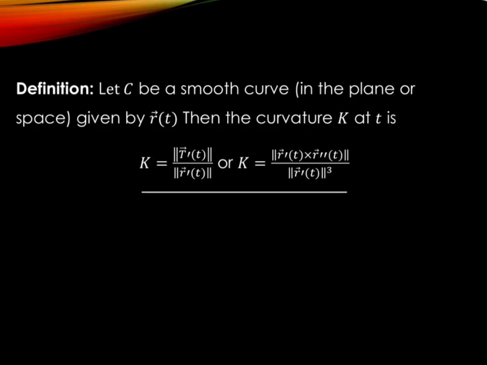K for curvature at t is defined as the magnitude of T prime of t divided by the magnitude of r prime of t, or the magnitude of r prime of t cross r double prime of t divided by the magnitude of r prime of t cubed.